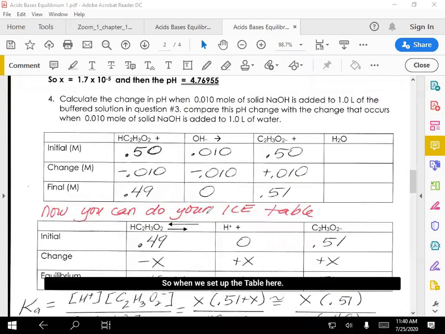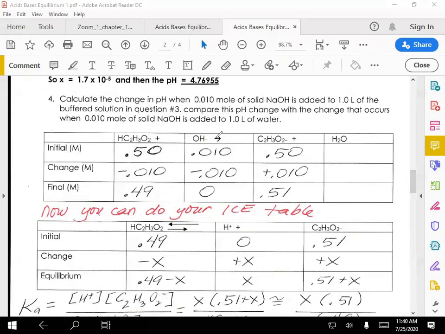When we set up the table here, we are taking into consideration that sodium hydroxide is a strong base. And so we are reacting the sodium hydroxide with the acetic acid. So the reaction goes this way.